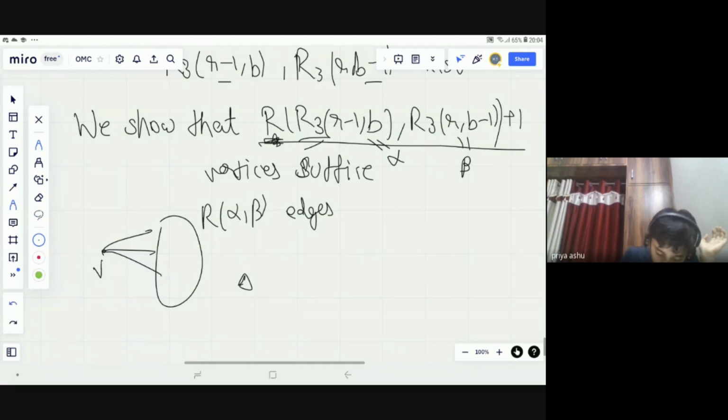This is our graph G, which has R of alpha comma beta plus 1 vertices and is complete, and we're coloring triangles in our G. Any triangle VXY is just determined by the edge XY.